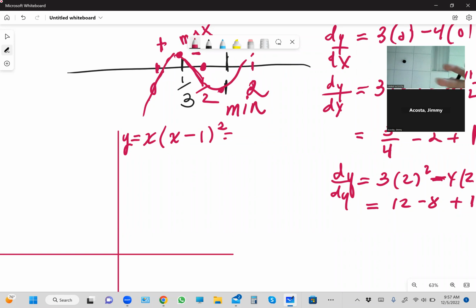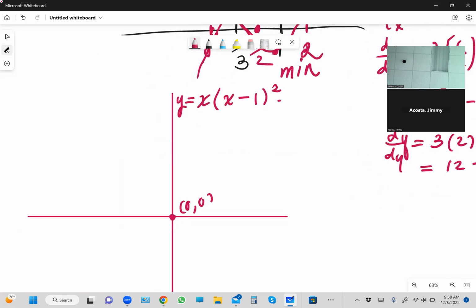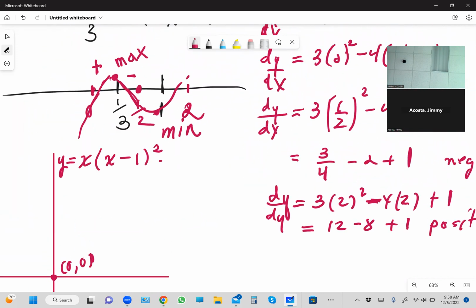So we got 0 comma 0 as our y-intercept. Well, it's not stationary. No. This is the original graph. So this is our y, and at the same time, it's an x-intercept. Okay, great. So now let's plug in. What was it? It was 1 and 1/3, right?